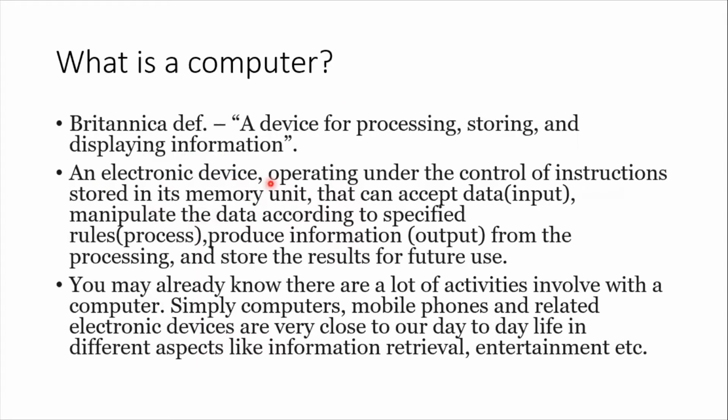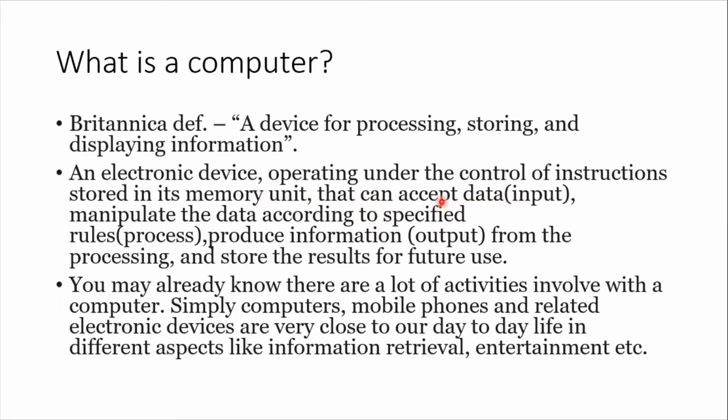What usually happens in our brain is that a set of instructions is stored in our brain, right? The same way computers store some set of instructions, logics. According to that, the computer takes suitable, relevant actions. On the other hand, it can accept data.